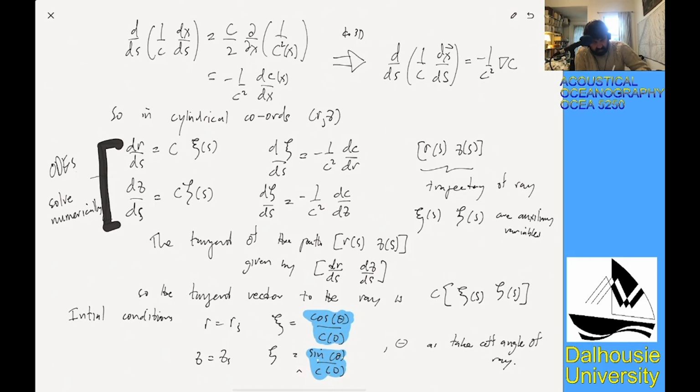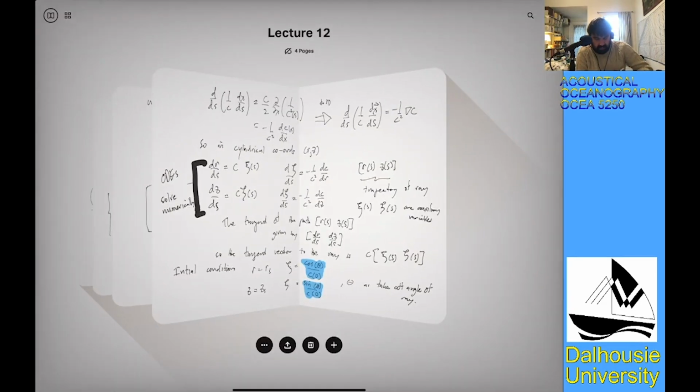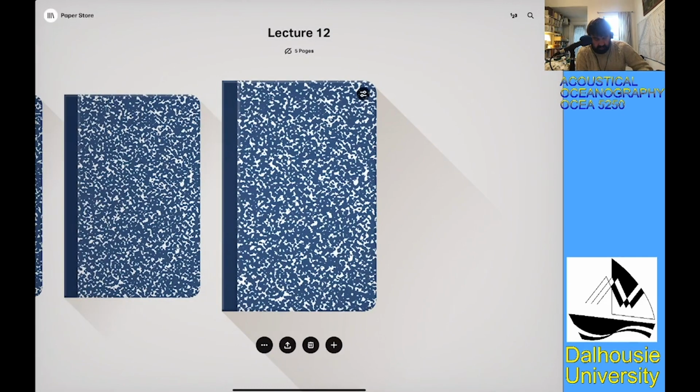And then for each step along the ray path, we'll be doing that over and over for multiple rays, and that's going to give us a picture of where the rays are going.